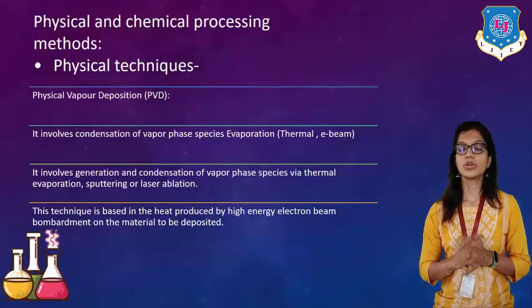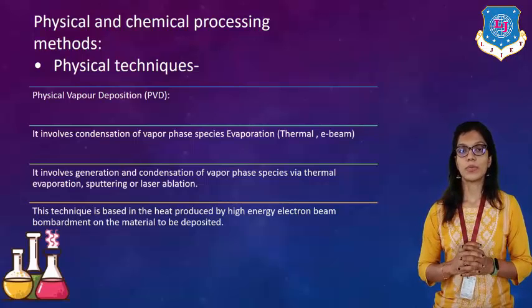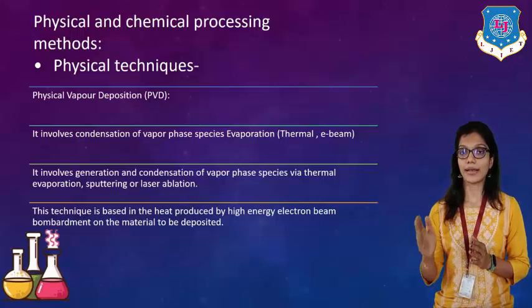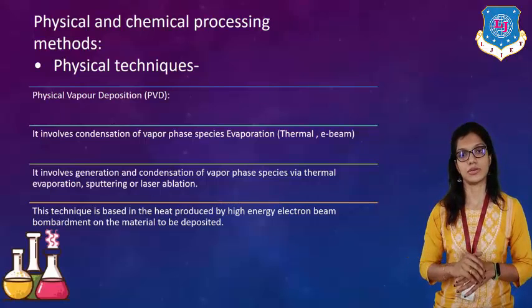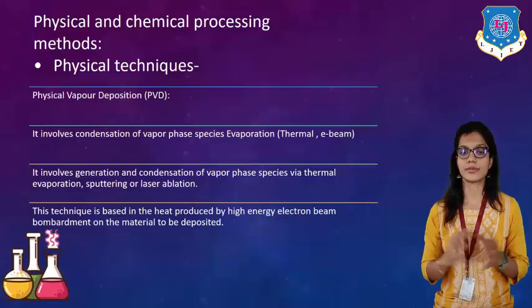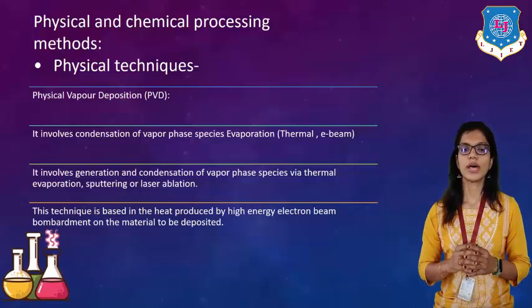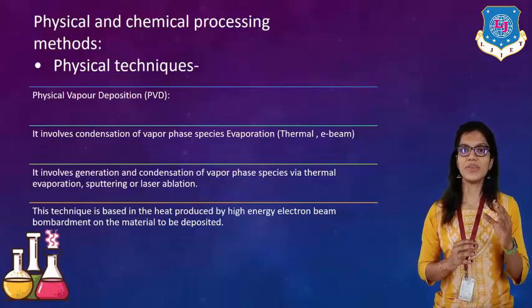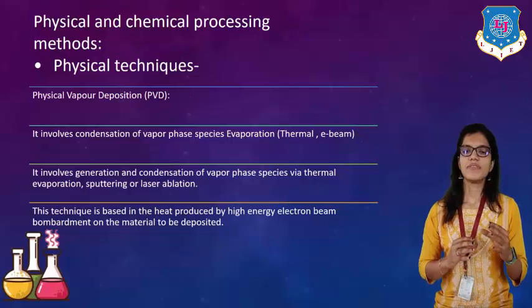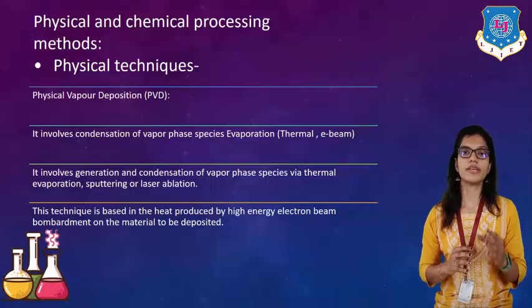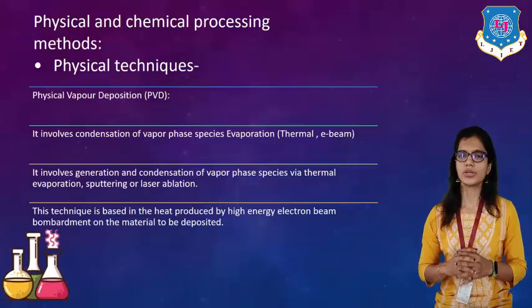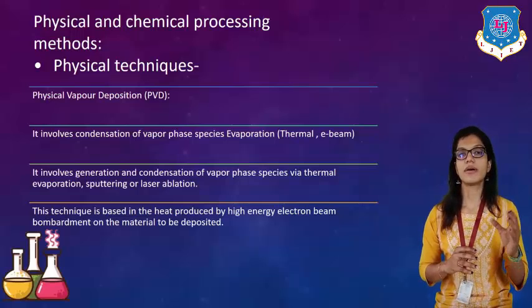Now understand it properly: in the bottom-up approach, we go atom by atom, molecule by molecule, and in the same way cluster by cluster to produce the nanomaterials. Here, we have seen the physical vapor deposition. This PVD basically involves the condensation of the vapor phase species, with evaporation done either by thermal evaporation or by E-beam evaporation.